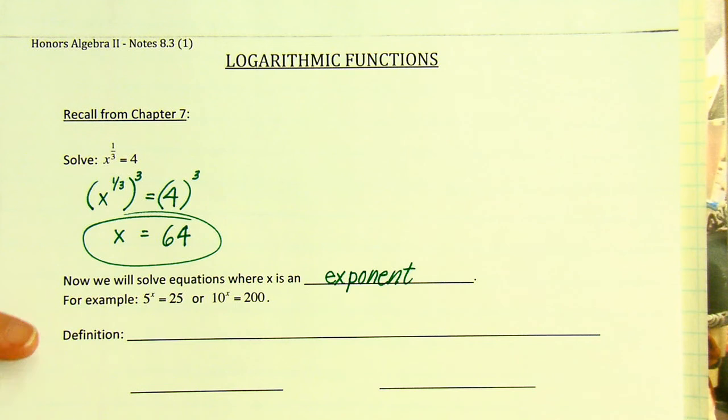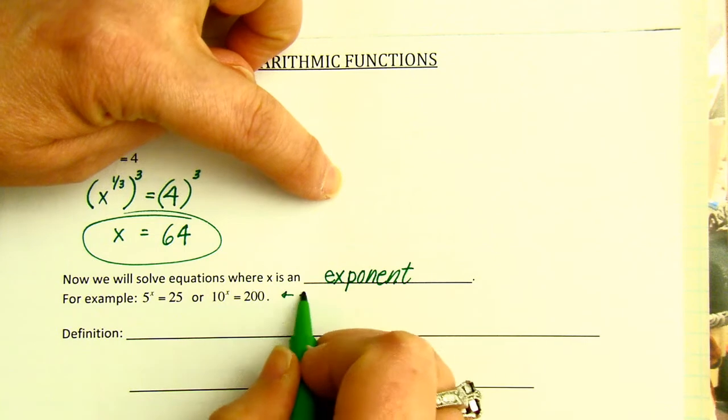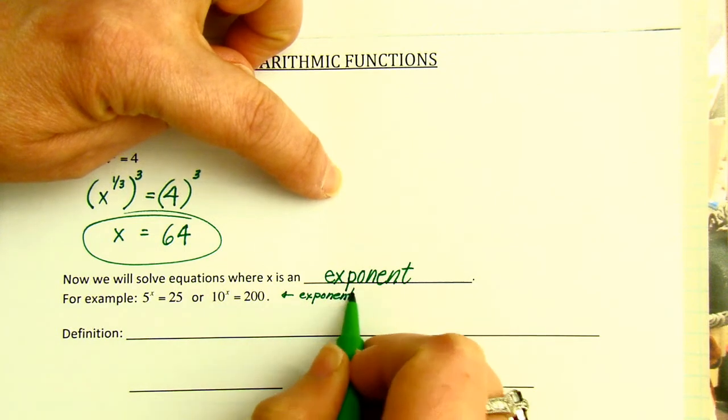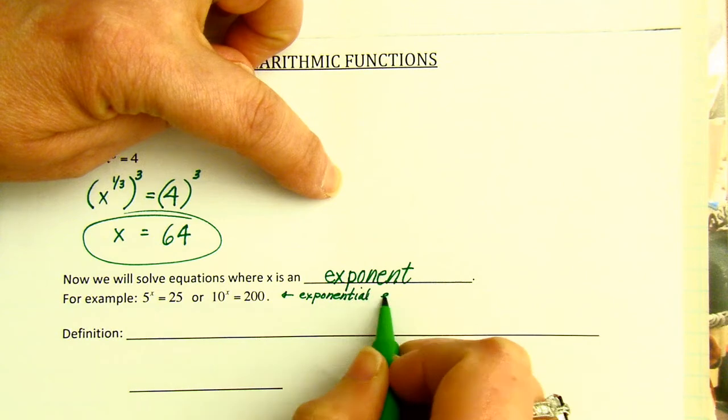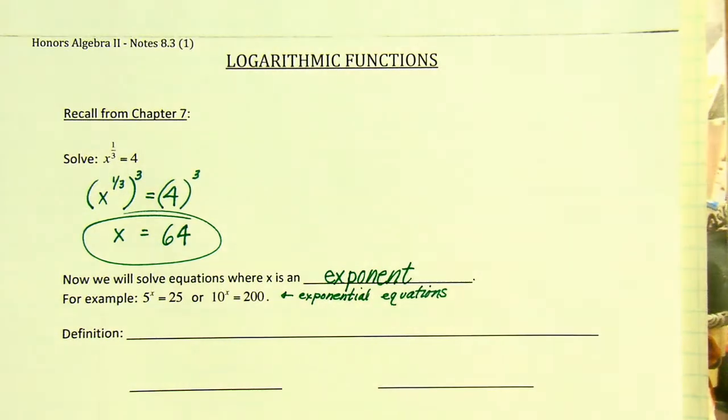So for example here, 5 to the power of x equaling 25, or 10 to the power of x equaling 200. These are exponential equations. And to solve them, we're going to use logarithms.